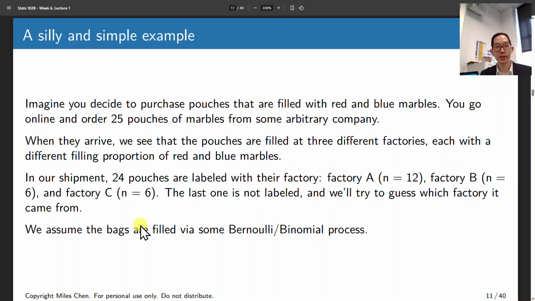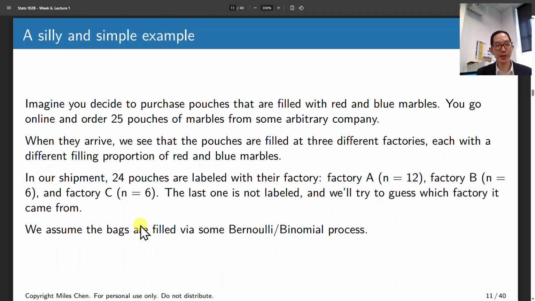Okay. So this is silly, but let's say you decide to purchase pouches of marbles. You go online and order marbles, and they say you're going to get a mix of red and blue marbles.